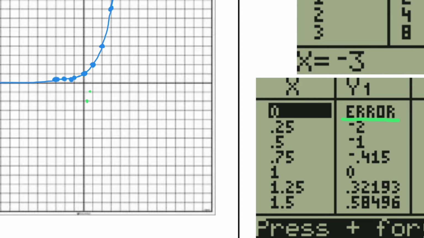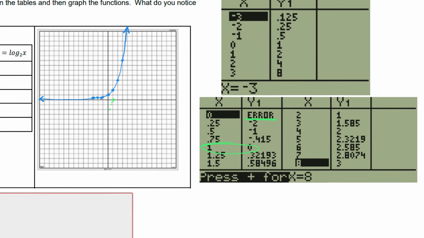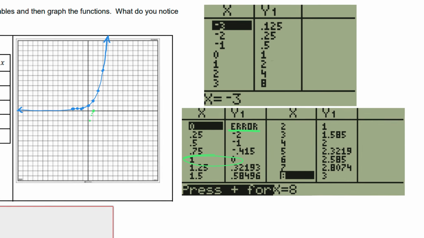And then at 0.75, we're at -0.4. And then here's a very crucial point, 1, 0. So we have a point right there. I'm putting a highlight on that point because just like the exponential functions went through 0, 1, logarithmic functions are always going to go through 1, 0 until they are transformed.